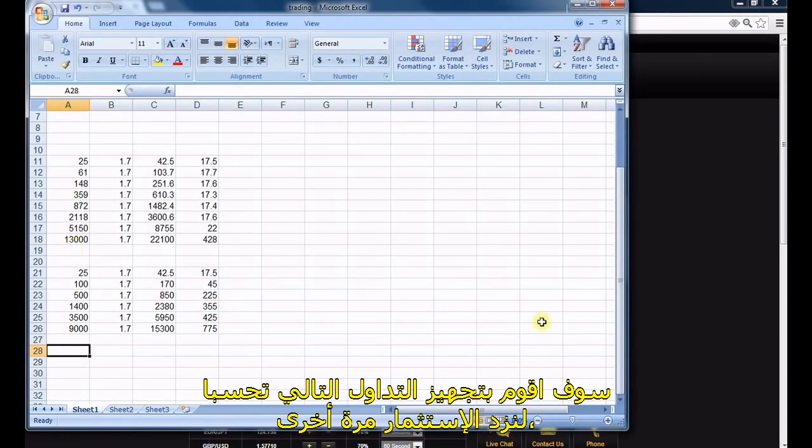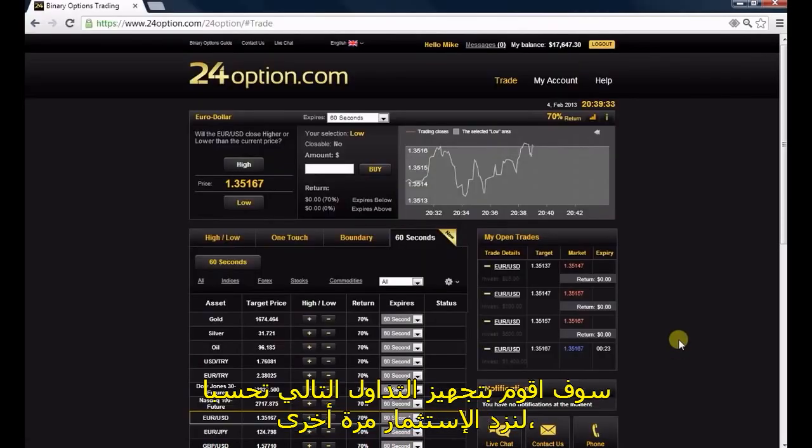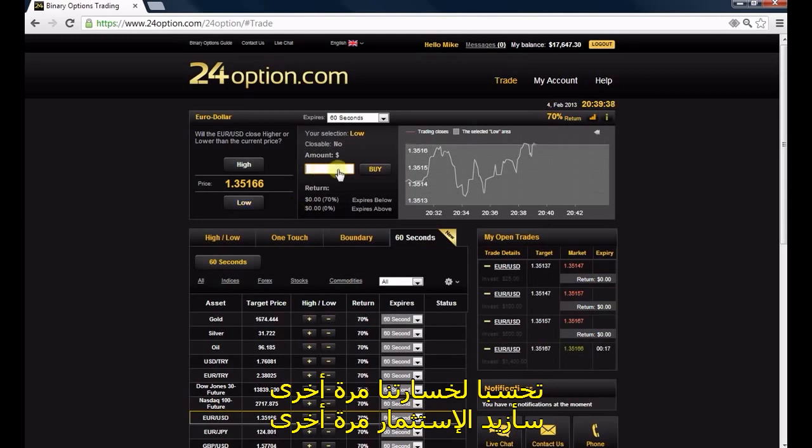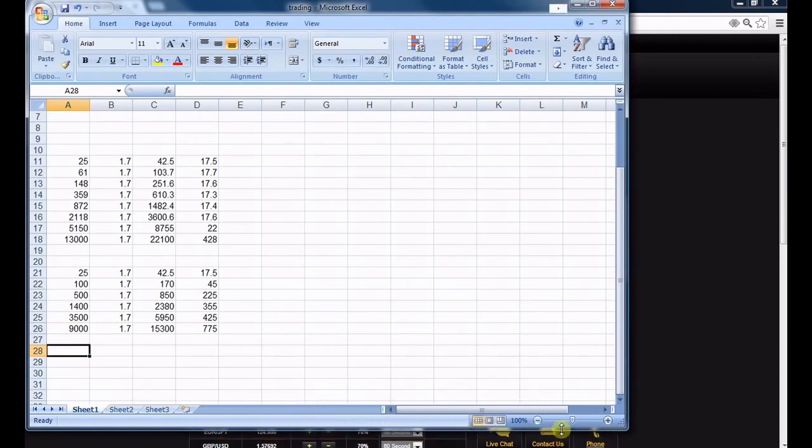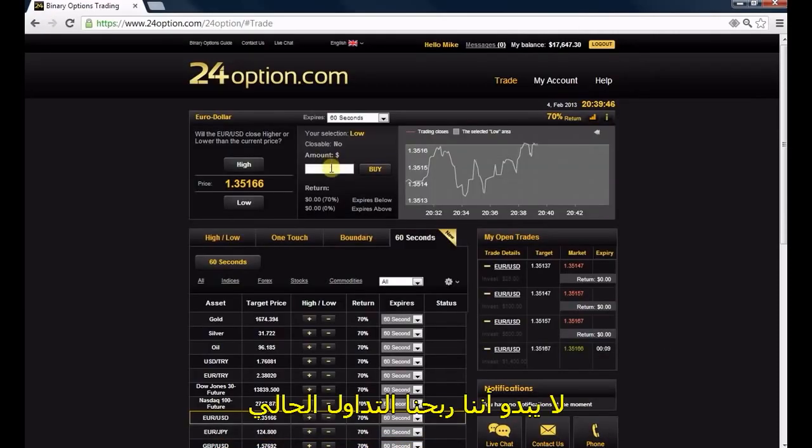Let's up the ante again. Just in case that we lose this trade, we're going to up the ante again. But it looks like we've actually won this one.